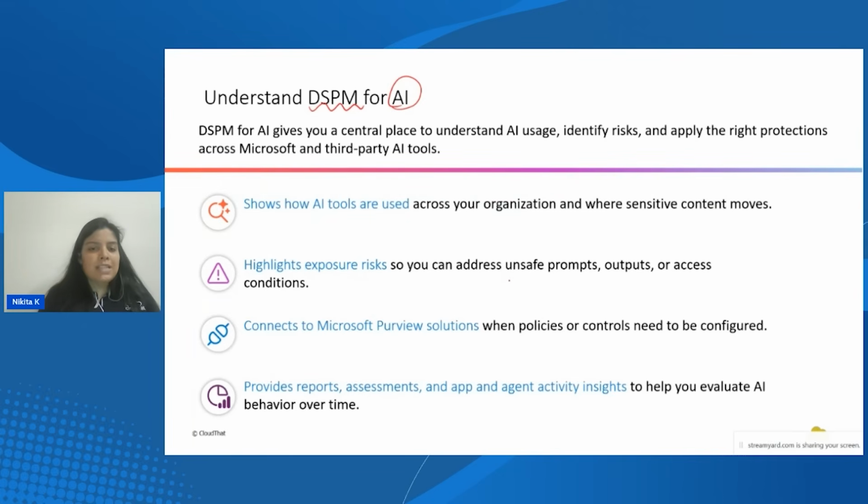So, which prompts are safe, which prompts you should not give, which policies you should create, how you should restrict the users will be possible with the help of DSPM. DSPM will give you the recommendations, how you can improve your security posture, how you can evaluate your AI behavior.